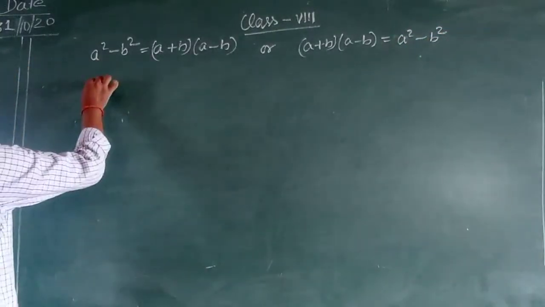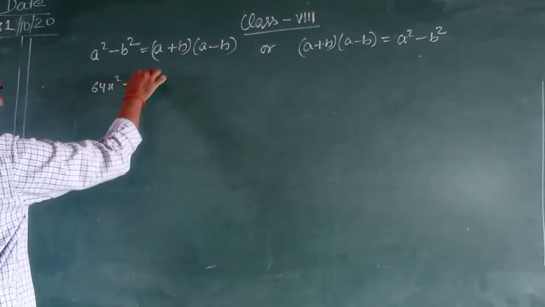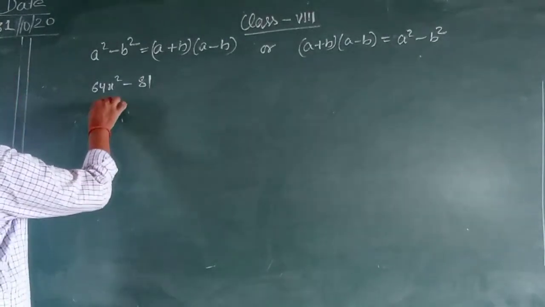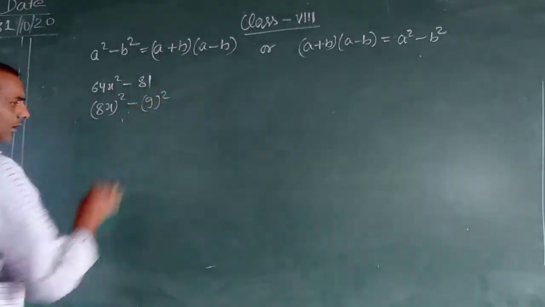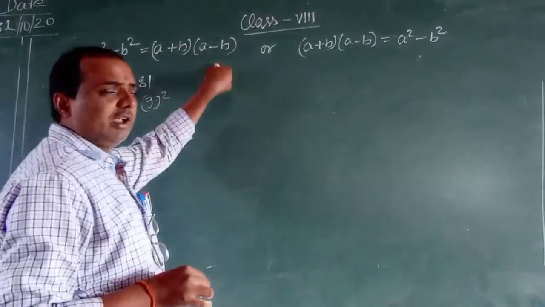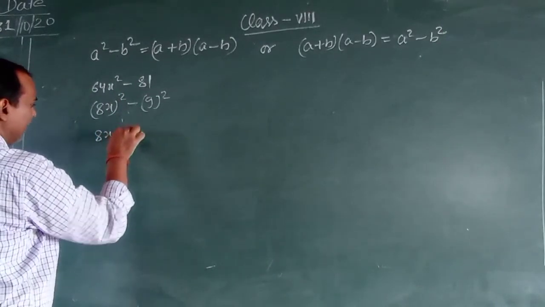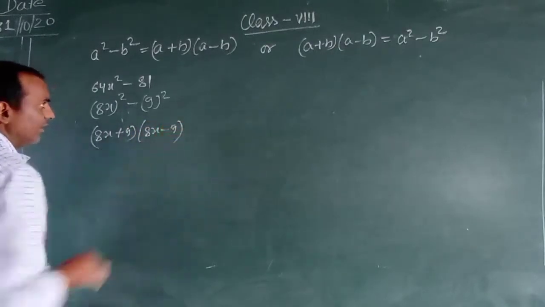If the question is 64x square minus 81, here we can write 8x square minus 9 square. Using a plus b into a minus b, it is 8x plus 9 into 8x minus 9.